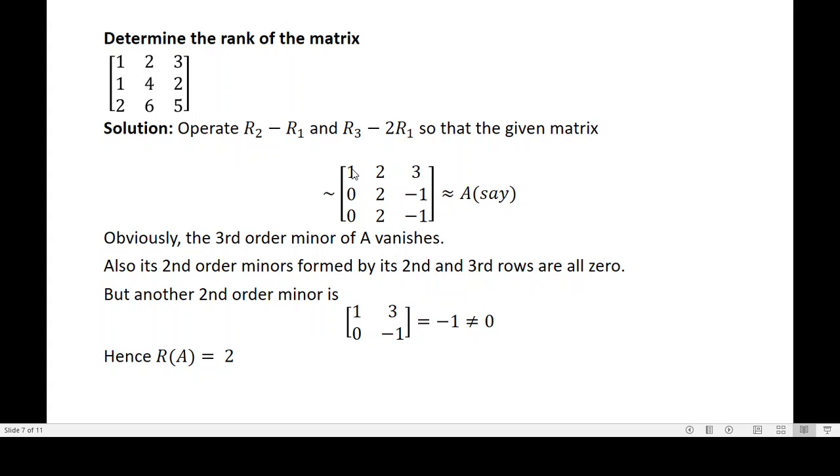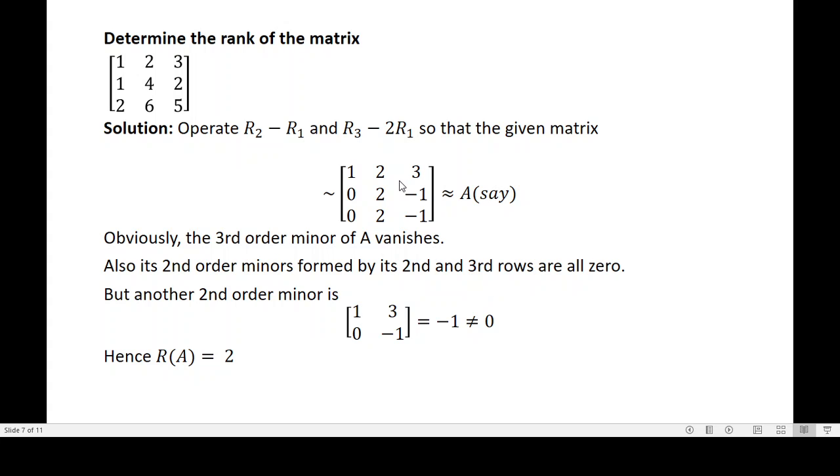Considering 1, 2, 0, 2, we get 1 into 2 minus 0 which is non-zero, or 1, 3, 0, minus 1 is also a non-zero minor of order 2. Therefore, the minor of order 3 is 0. The second order minor formed by the second and third rows is also 0.